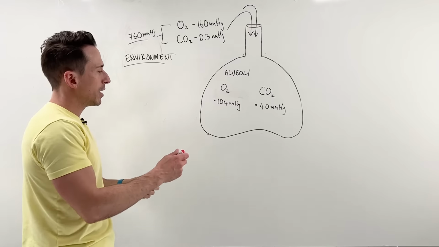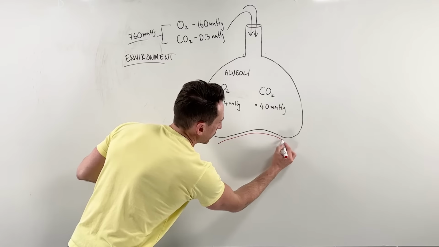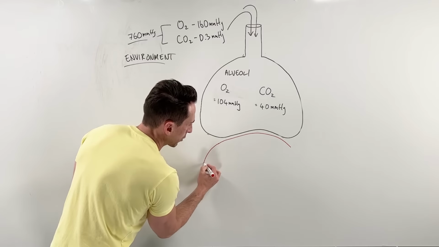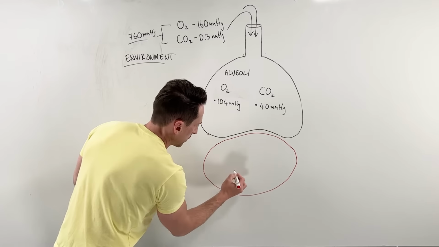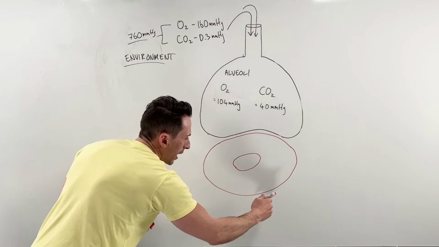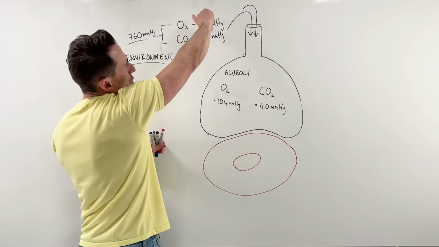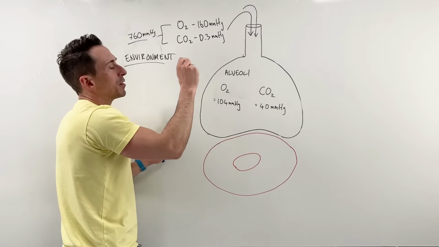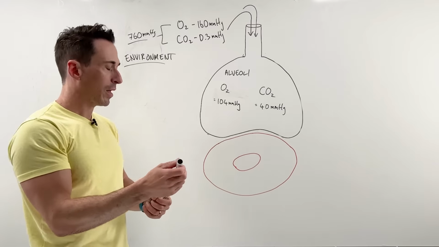Well, remember that you've got a blood stream here, which basically is circulating around the entire body. And I'm just going to draw it like that to make it easier. So that's the entire circulation going to the body. Remember this, as the oxygen comes in, the airways, the respiratory tract, it has three major roles, right?